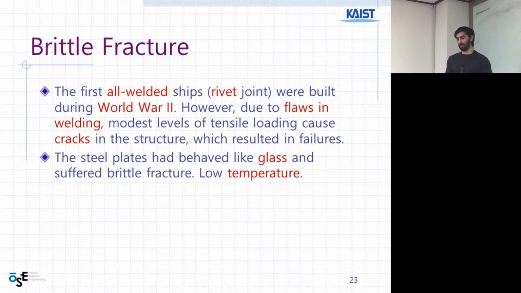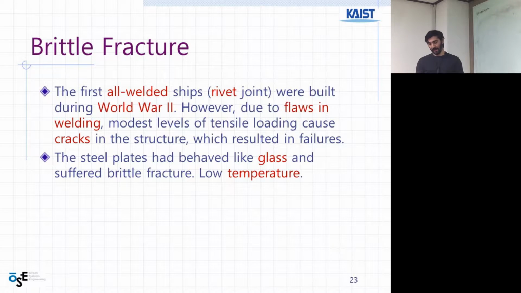that developed during service. During World War II, the first ships were all welded, and there were flaws in welding, so brittle fracture was a common thing. Although brittle fracture is less common than other types of fracture, it is more severe, so it can cause more damage.